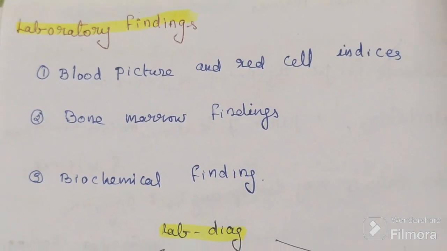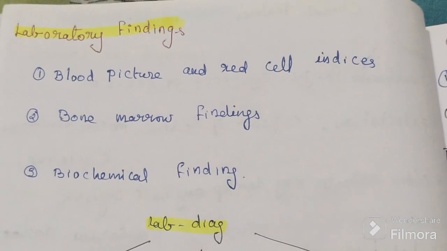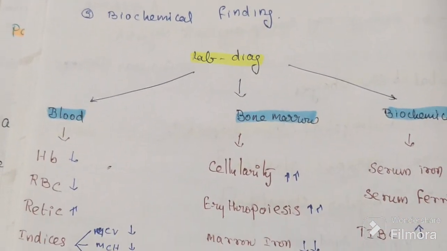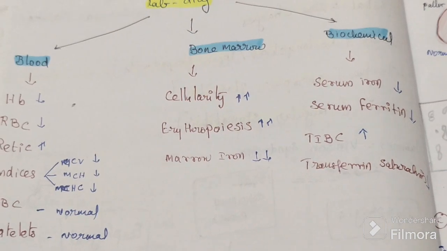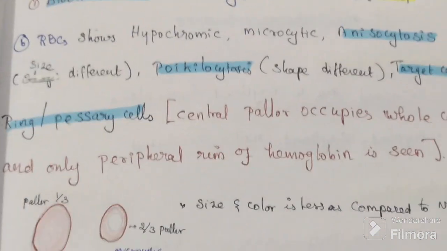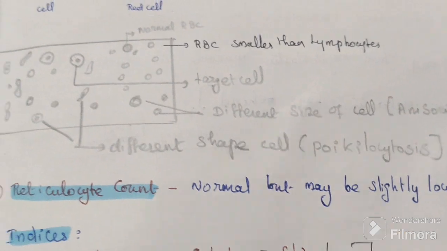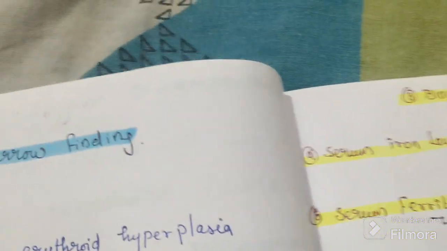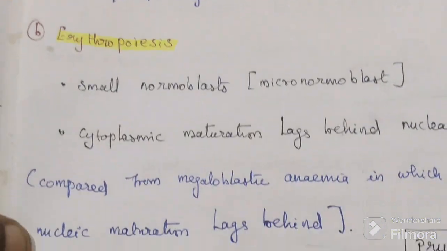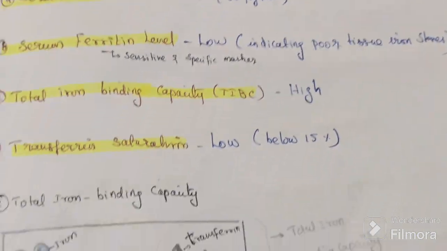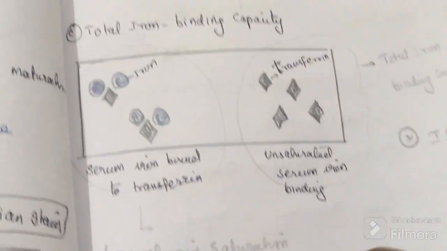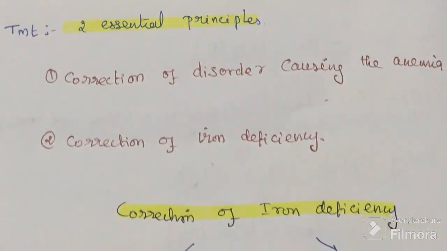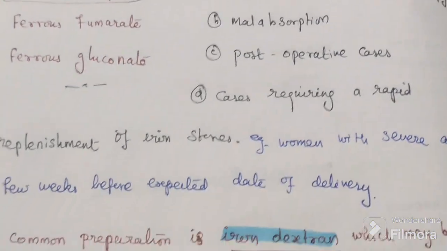In this video we discussed the laboratory diagnosis of iron deficiency anemia. Three things we have taken: blood, bone marrow and biochemical tests. Then finally we ended with the treatment for iron deficiency anemia, oral and intravenous.